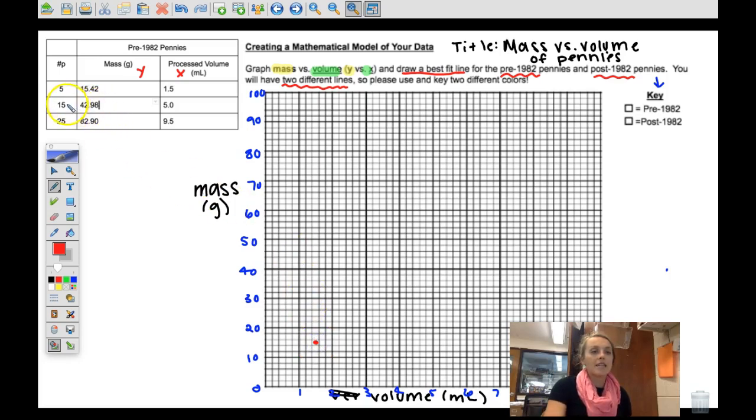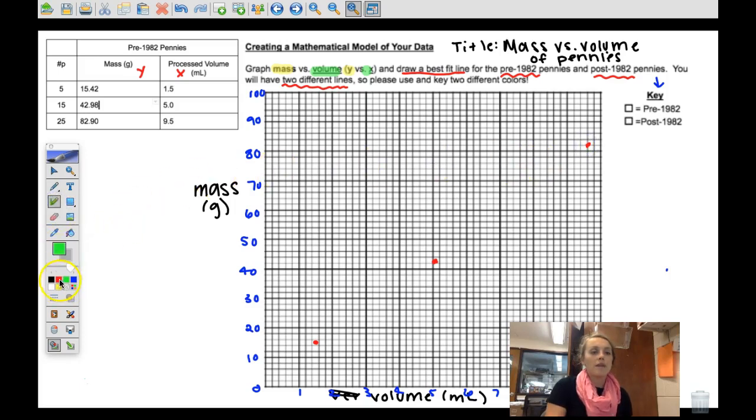For my second data point, I'm going to go up to about 43, which is about right here, and over to 5. And my last one, my mass is about 83, so I'm going to go up to about 83, and then over to 9.5, which would be about here.